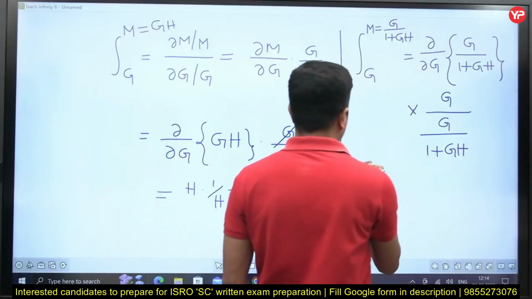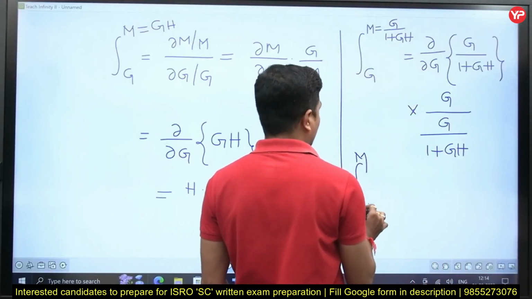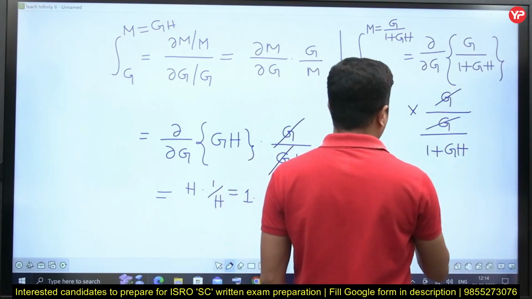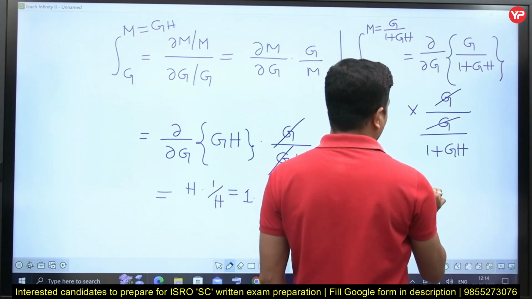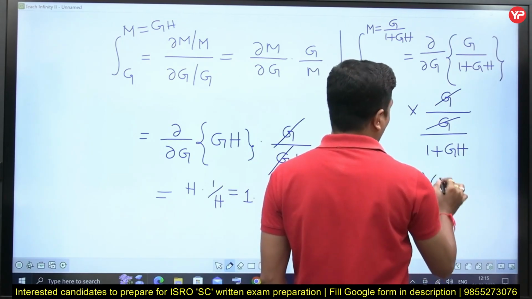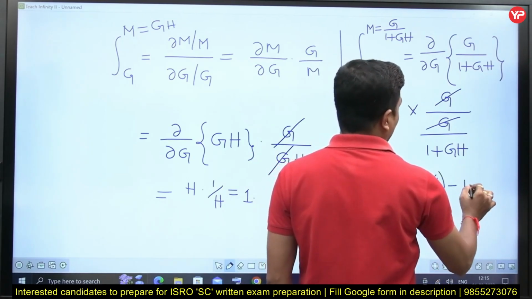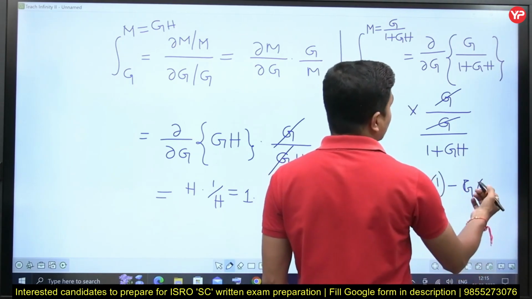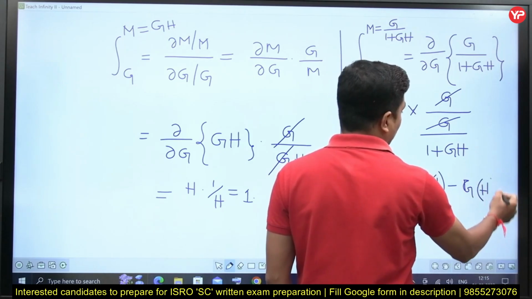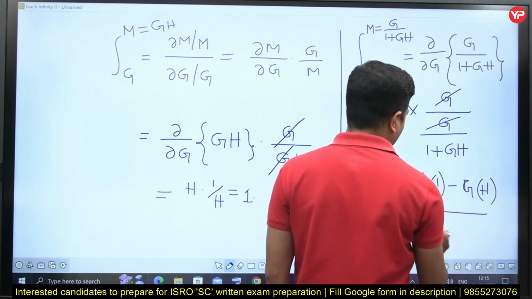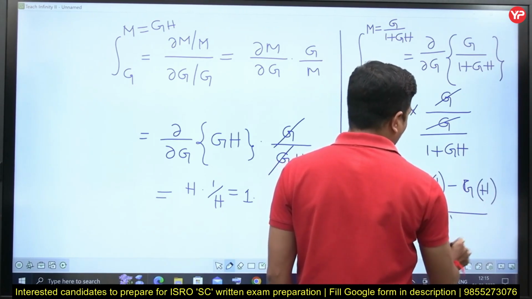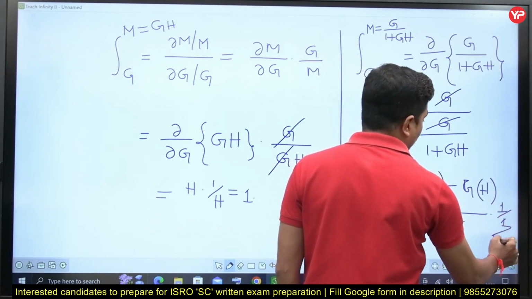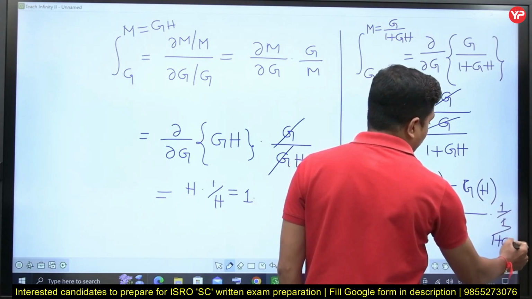Now the sensitivity of M with respect to G is equal to, this G gone, this is (1 plus GH) into (1 minus G) into (1 plus GH) is H by (1 plus GH) whole square, into 1 by (1 plus GH).